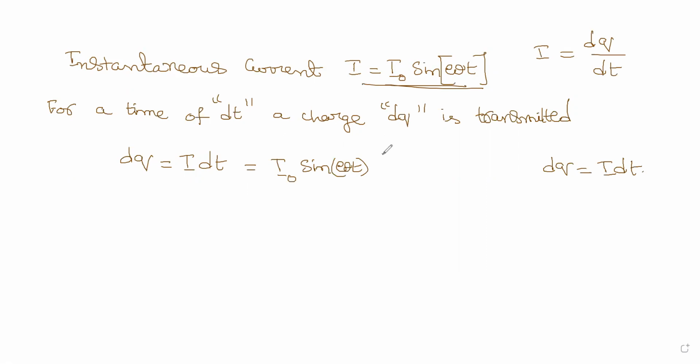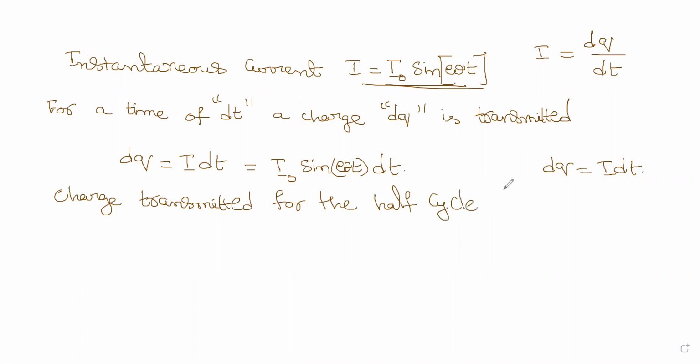Now, as per the definition of the mean or average value of the alternating current, we need to find the charge transmitted for the half cycle. Half cycle refers to the time t by 2.